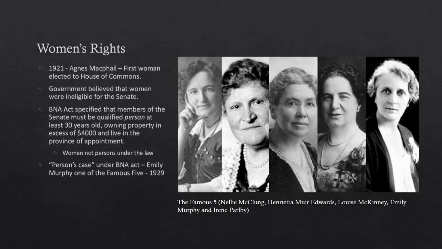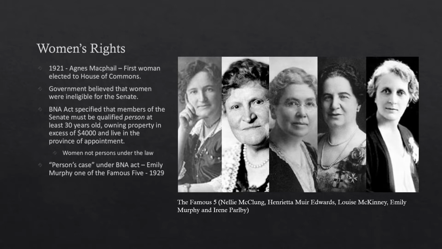In one of her first cases, one of the lawyers said that she was not qualified to be presiding over the case because she was not a person under the law. So this was something obviously she felt passionate about. And together these 5 women then petitioned the Supreme Court to actually answer this question: could women sit on the Senate?